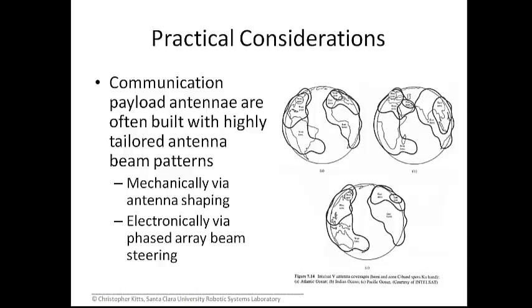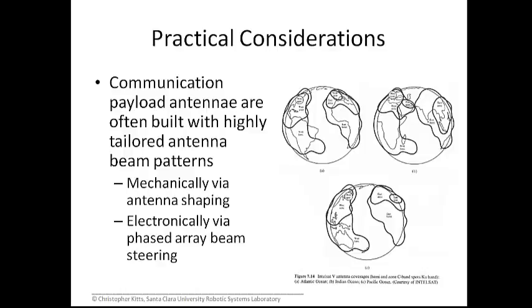And effectively, if you have a geosynchronous communication satellite, and you know it's always going to be above a certain portion of the Earth, you don't want to waste energy by broadcasting out into the middle of the ocean. So how would you tweak the shape of the parabolic antenna in order to wrap the projection of the antenna around the continents?